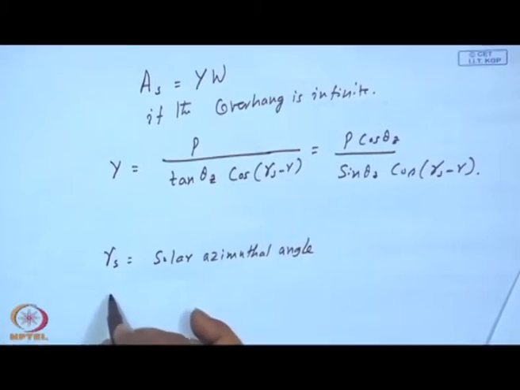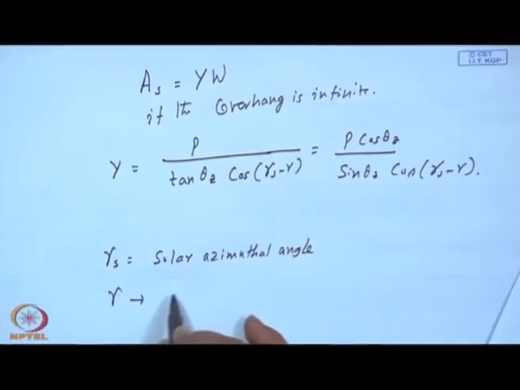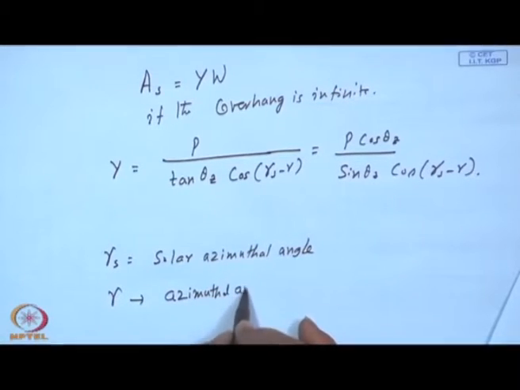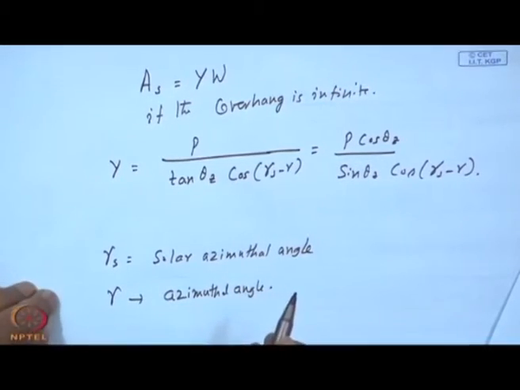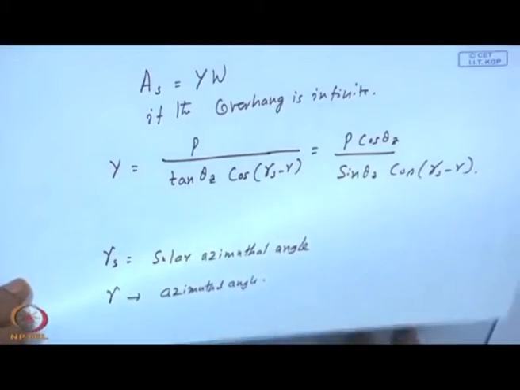We have introduced the azimuthal angle for the surface as the angle between the north south axis and the projection of the outer normal to the surface on the horizontal plane.